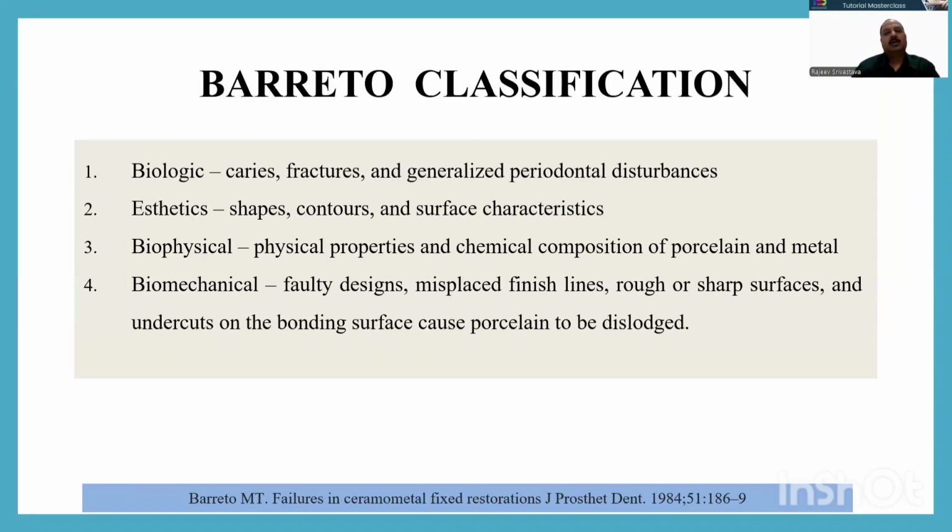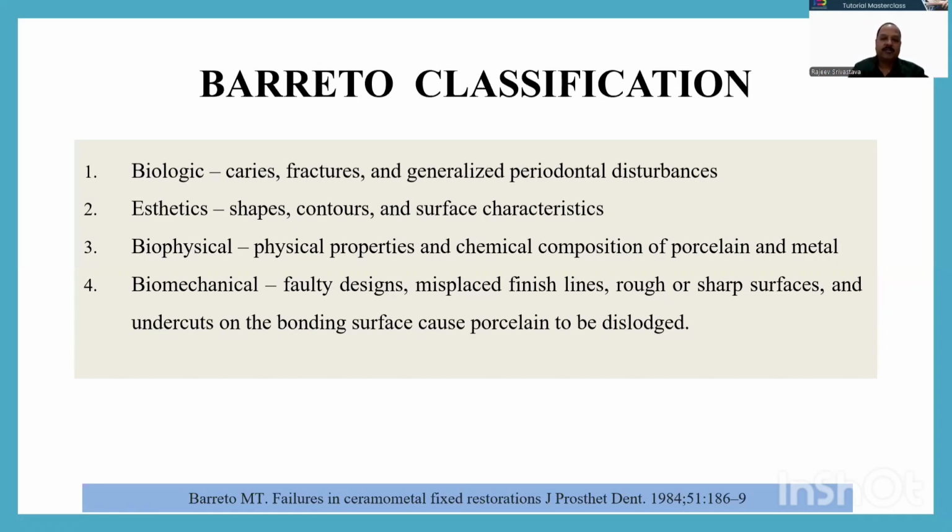Then next is the Barreto classification, which was given in 1984 in the Journal of Prosthetic Dentistry. This classification includes biological failure, which includes caries, fractures, generalized periodontal disturbances; aesthetics, shape, contour; biophysical, which includes physical properties and chemical composition of porcelain and metal; and biomechanical, which includes faulty design, improper finish line, rough or sharp surfaces.